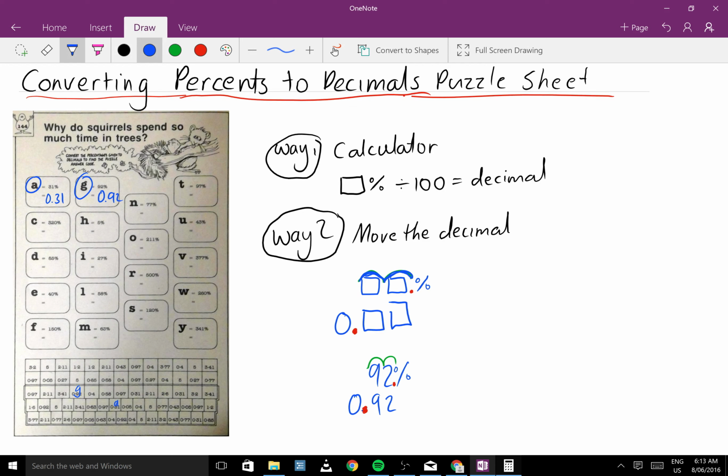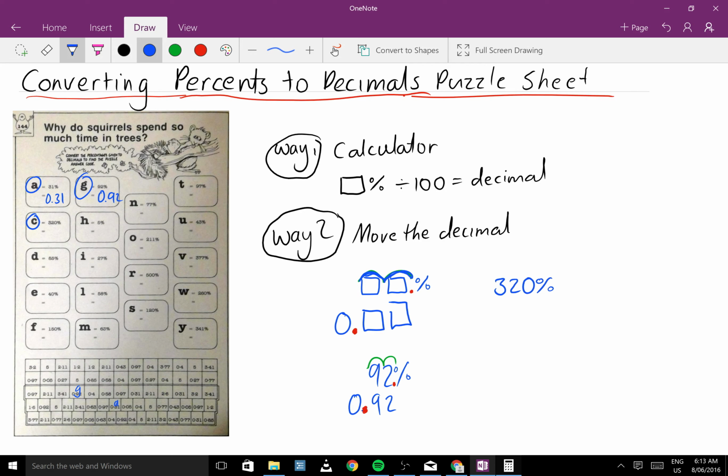C's probably where people will find it a little bit harder, and so is H. But I'll do C first, and I'll do it just by the moving the decimal method. 320%.